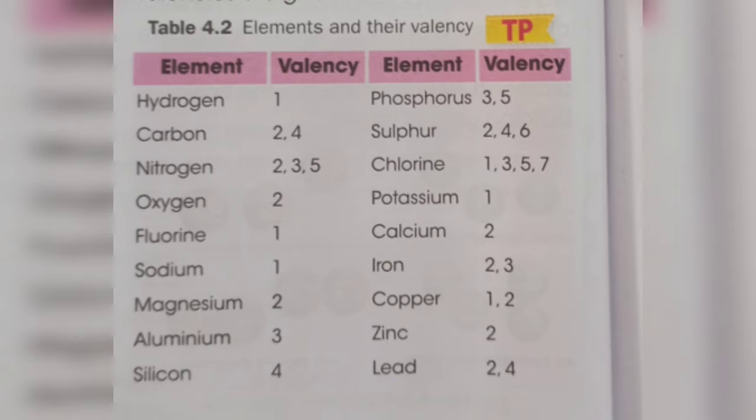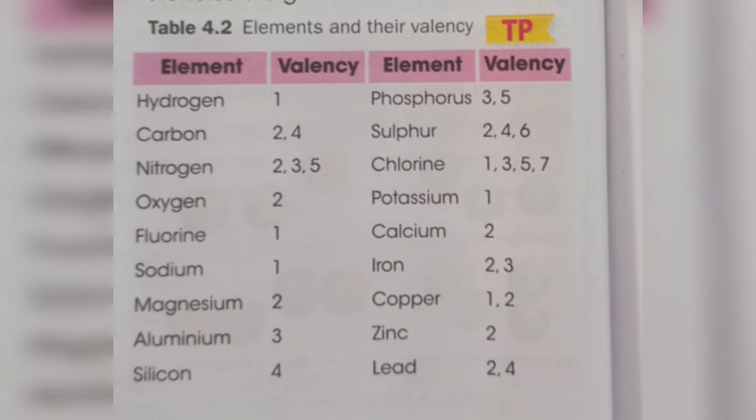Hydrogen. What is its valency? 1. What is the next element given? Yeah, very good. Carbon. It has 2 valencies, 2 and 4. So we have to write carbon and mention the valency using a Roman number inside the bracket.